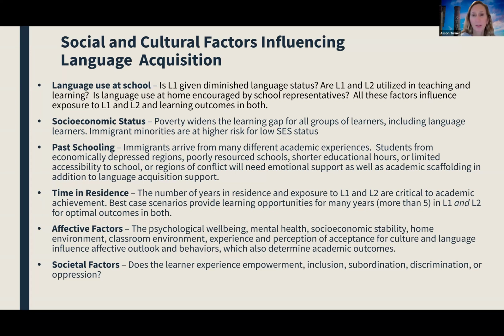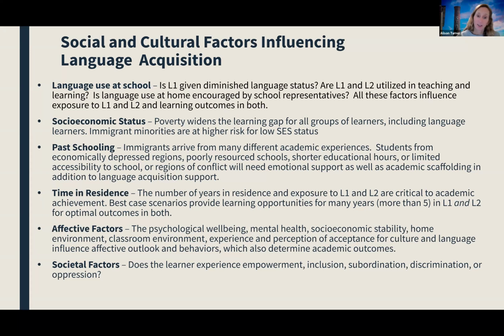Even when working with adults in community-based organizations, you will find some of your students will come and will not have had schooling for a number of years, or maybe have stopped their formal schooling around 6th or 7th grade. The number of years, time in residence, number of years in the United States or in an English-dominant speaking context will also obviously have a large impact on language acquisition.